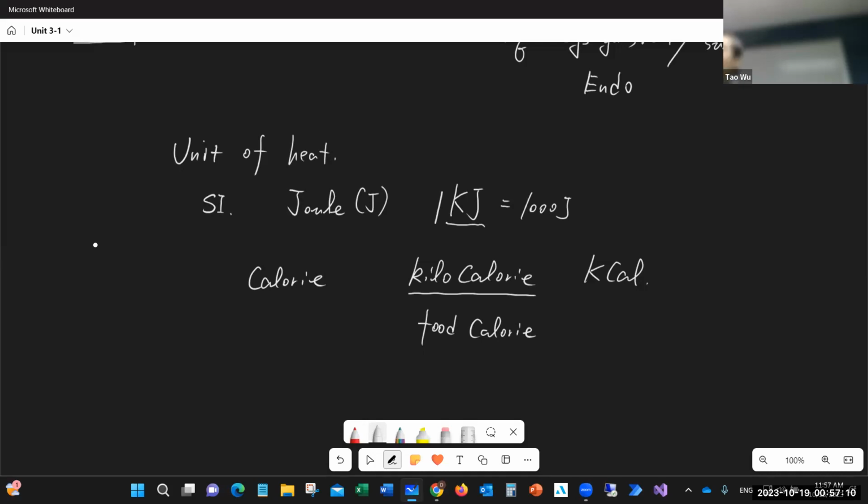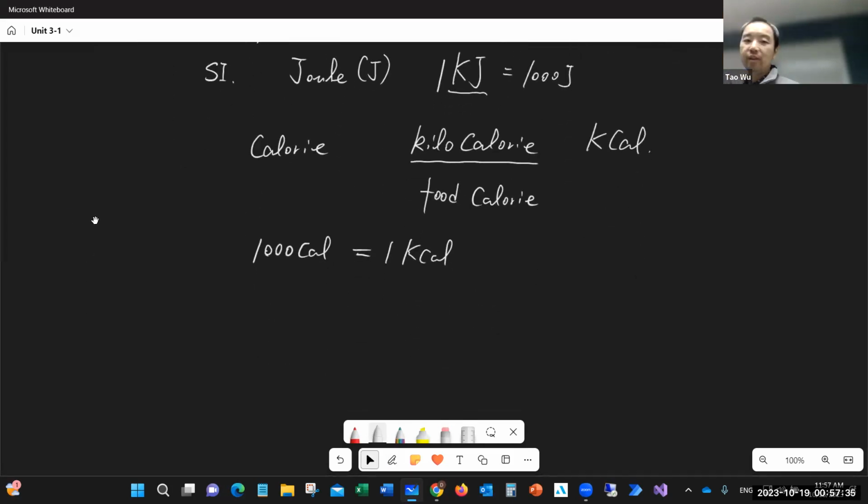The difference between calorie and food calorie is just 1,000. In other words, 1,000 calories equals 1 kcal, which is the food calorie.